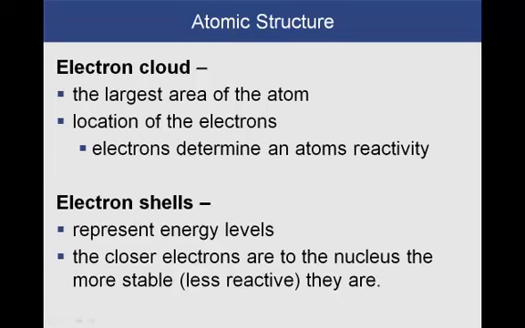And as you go farther away from the nucleus in the electron shells, you gain more and more energy, and they become less and less stable as you get farther away from the nucleus. So the closer the electrons are to the nucleus, the more stable those electrons are and the less reactive they'll be. So they have less of a tendency to be involved in chemical reactions.